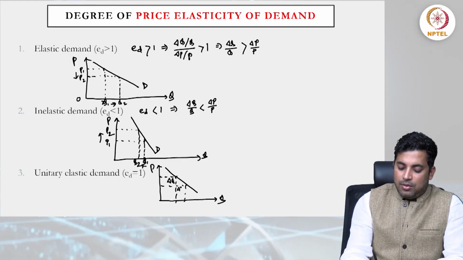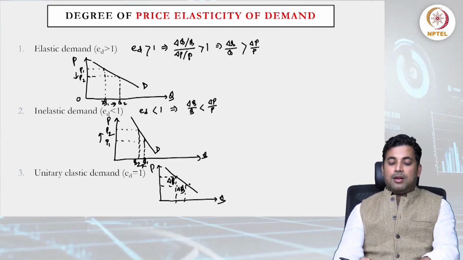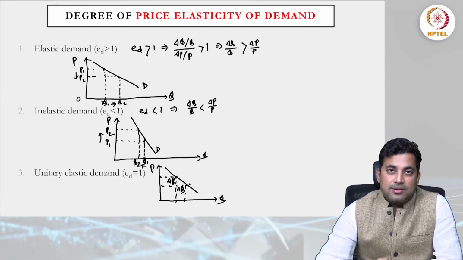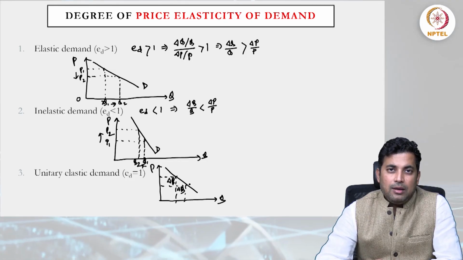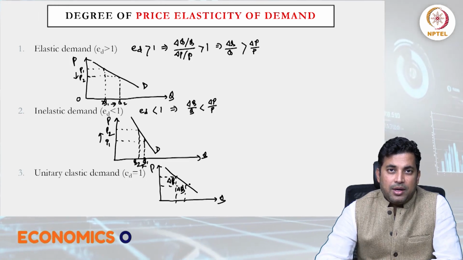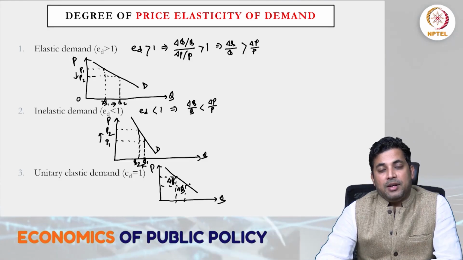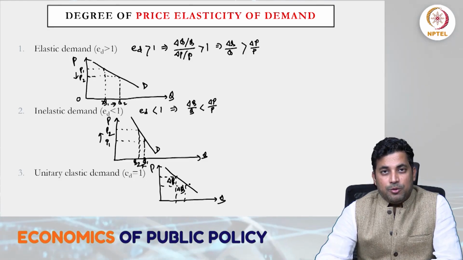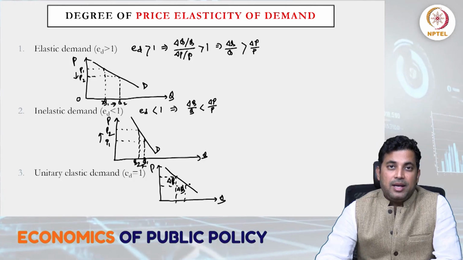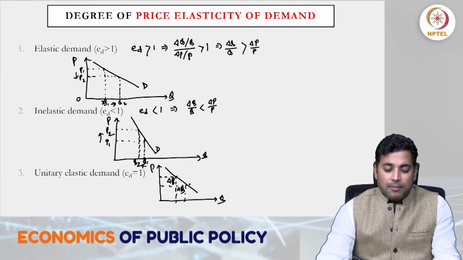Changes in delta Q and changes in delta P will be equal to each other. For instance, if the price of a commodity is reduced by 10% or 15%, and the demand for consuming that commodity rises by an equal 10% or 15%, then this is a case of unitary elastic demand.